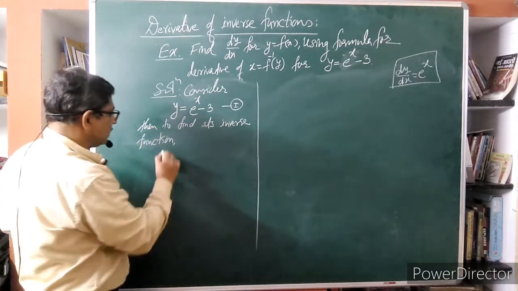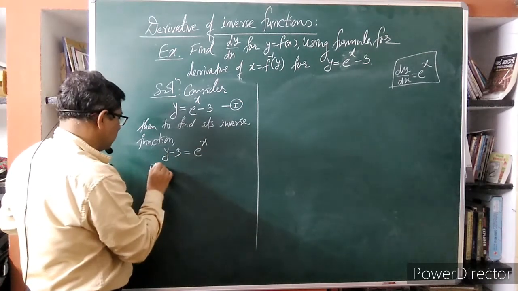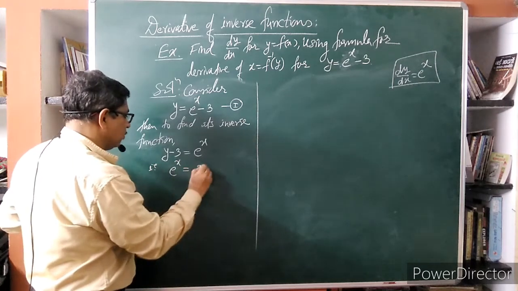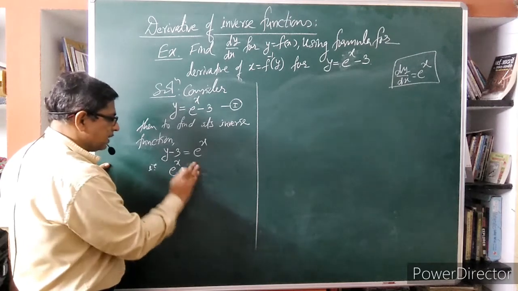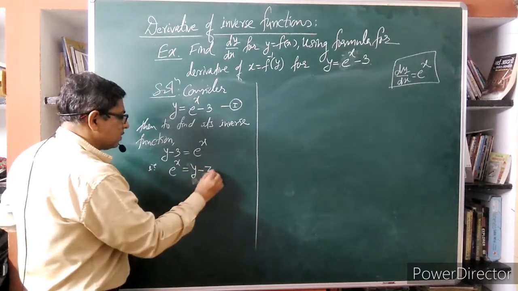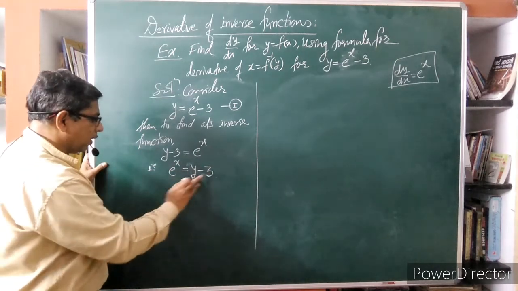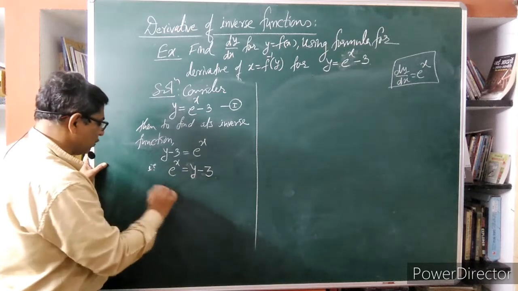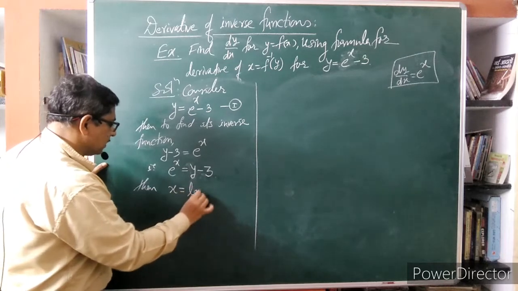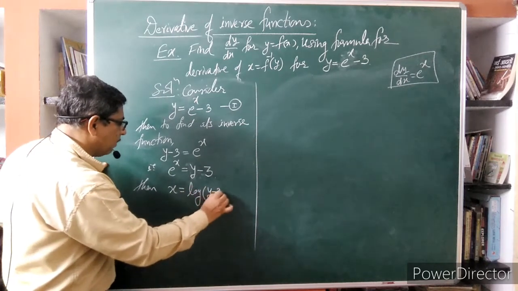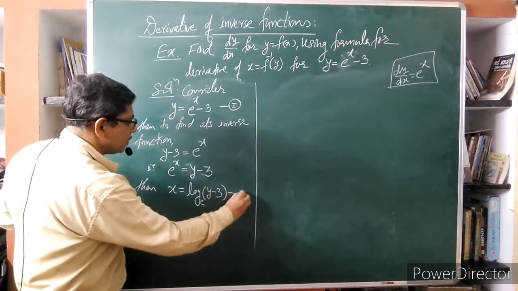So transfer this 3 to the other side. y plus 3 is equal to e raised to x, that is e raised to x is equal to y plus 3, and so by definition of exponential and logarithmic functions, they are inverse of each other, so we get x is equal to log of y plus 3 again to the base e, so I'll call this as 2.